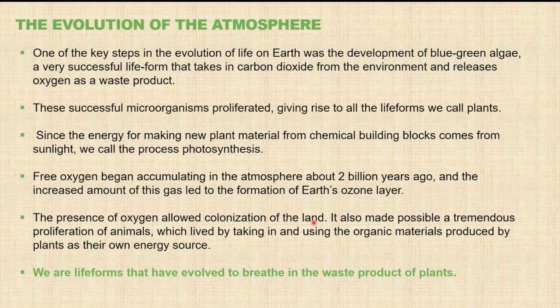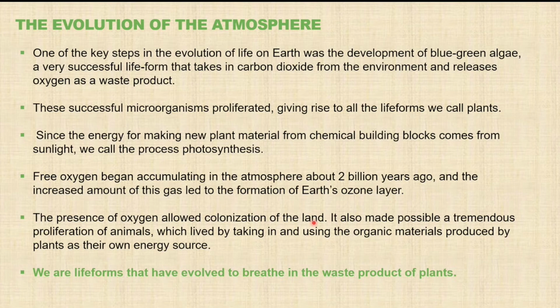First of all, we are increasing the CO2 output, and we are destroying the plants. So there is an imbalance in life. There's only a certain level where plants are balanced, meaning the plants can take a certain amount of carbon dioxide and give out oxygen.